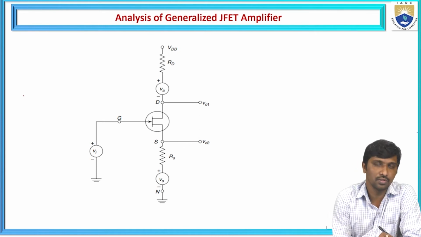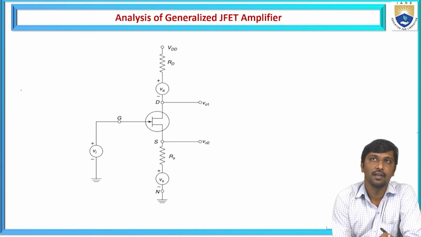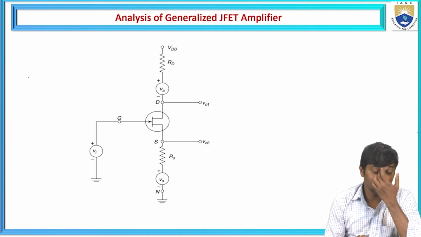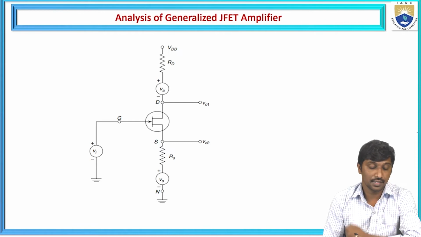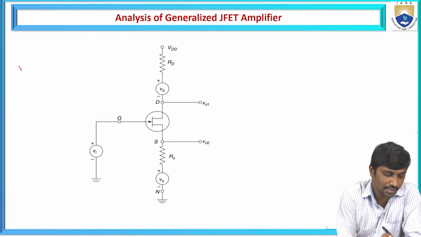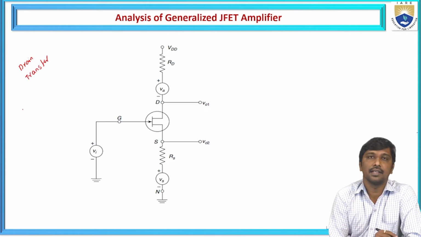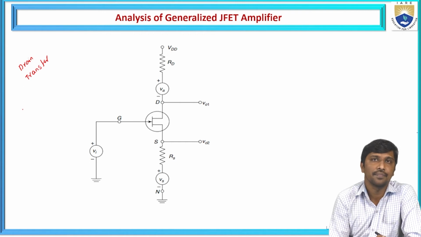If you want to draw the small signal model, we know from the characteristics of the JFET, what are the characteristics of the JFET? We have two characteristics: one is the drain characteristics, another one is the transfer characteristics.